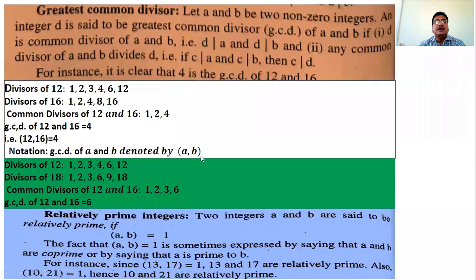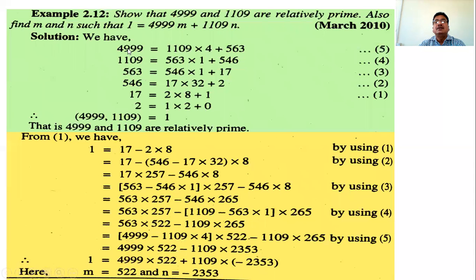Two integers a and b are called relatively prime if the greatest common divisor of the two numbers is 1. So here we have to show these two numbers are relatively prime, which means we have to find the greatest common divisor of these two numbers and show that it is 1.